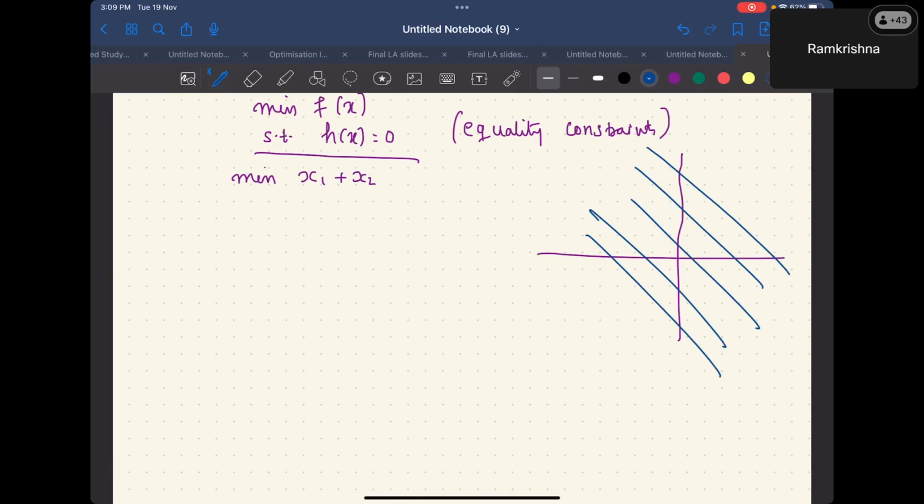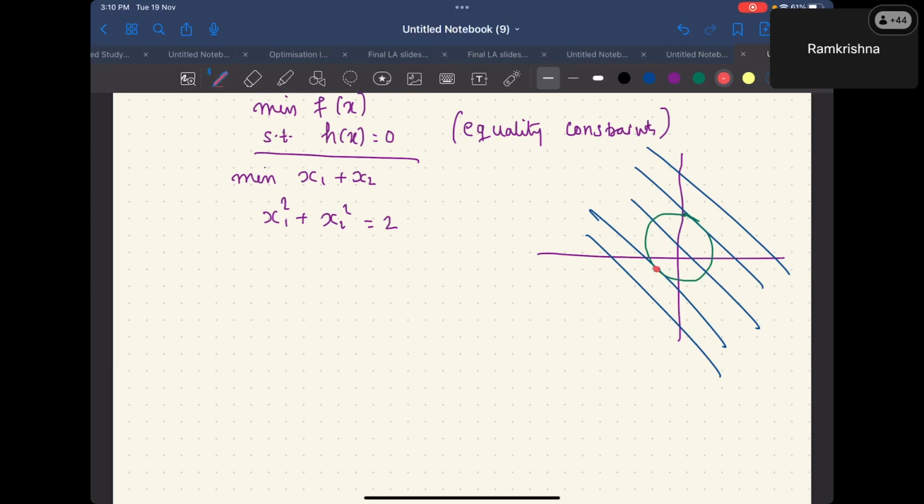However, things get exciting when I minimize this function subject to x1 square plus x2 square equal to 2, which means I'm around this circle of radius 2. Now I can see that the minimum of this function exists somewhere here. So it's not always that having constraints makes my problem more difficult.